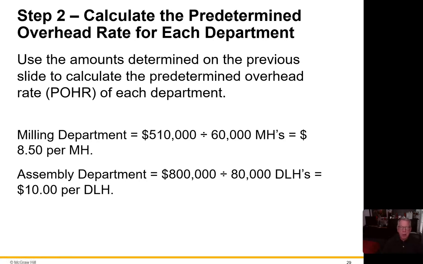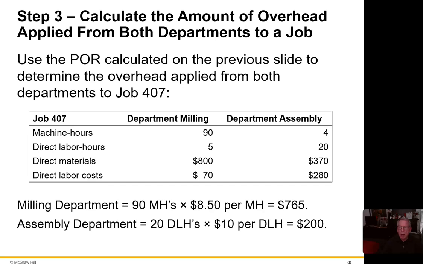Now, we have a job, and here's that job, job 407. And we had these machine hours, these direct labor hours, these direct materials, these direct labor costs for each of those departments.